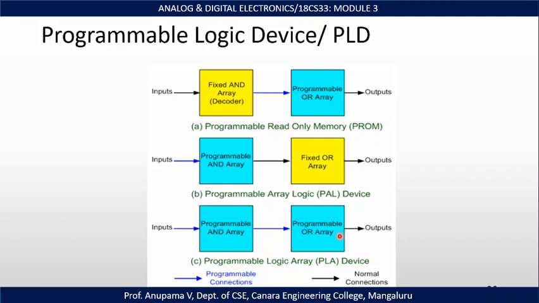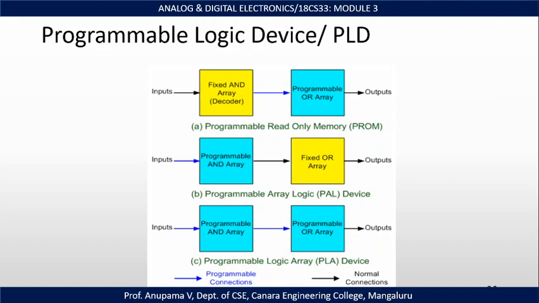In programmable read-only memory, the AND array is fixed in the form of a decoder and the OR array is programmable. In case of programmable array logic, or PAL, a programmable AND array is present and a fixed OR array is present. In case of programmable logic array, that is PLA, the AND array is programmable and the OR array is also programmable.